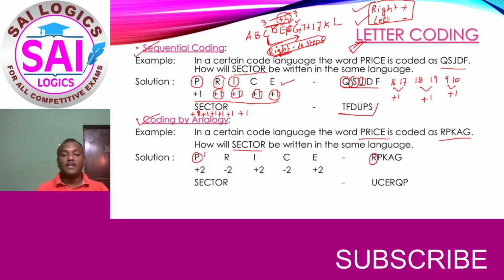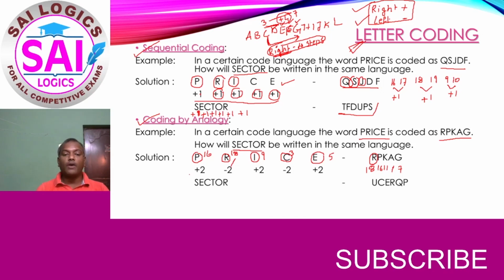P is 16 and if you add 2 to this 16, the answer is 18, that is R. And here it is R. R's actual value is 18. 18 minus 2 is 16. 16 is P. And this is I. I is 9. 9 plus 2 is 11. 11 means K. C is 3. 3 minus 2 is 1. 1 is A. And E is 5. 5 plus 2 is 7. 7 means G. So this is how the coding has happened.